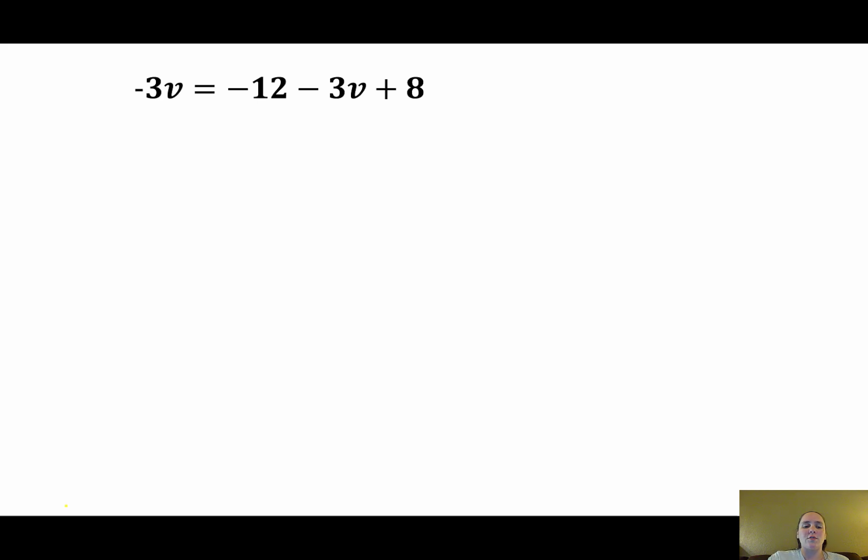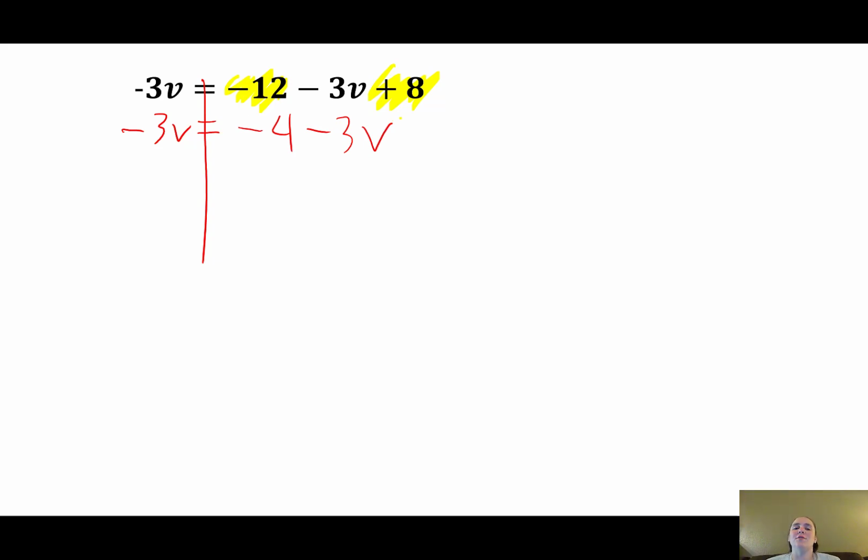Again, looking, do I have any like terms? I do. I have negative 12 and 8. So I am going to add those together, giving me negative 3v equal to negative 12 plus 8, which gives me negative 4 minus 3v.